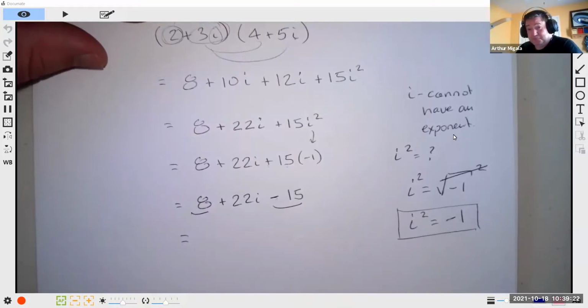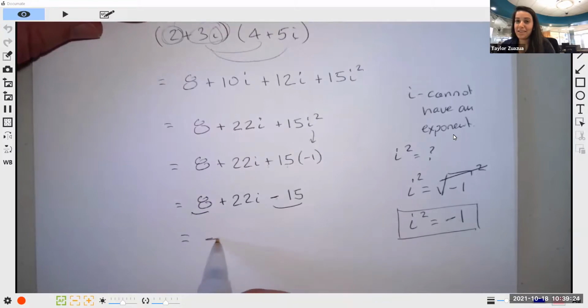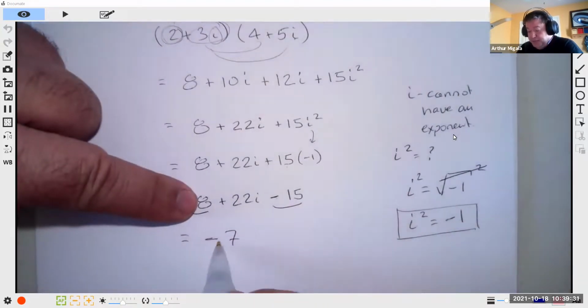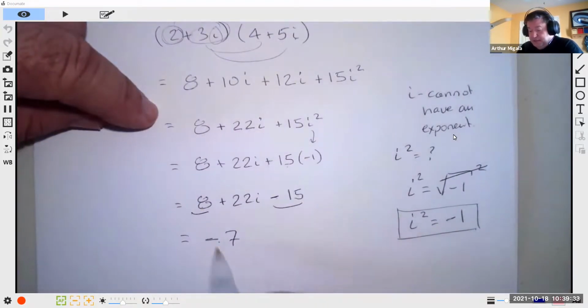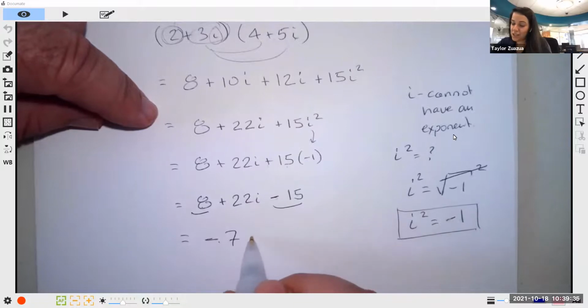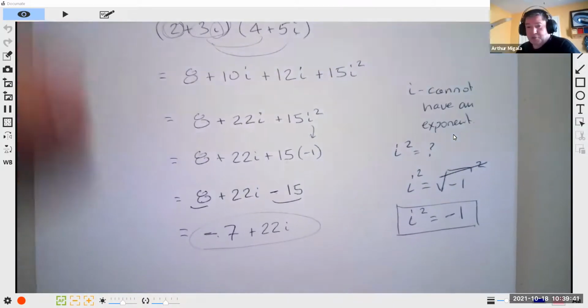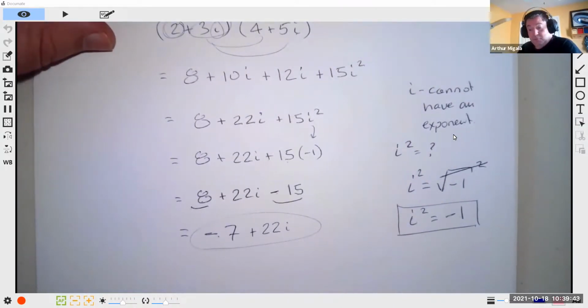It's going to be a negative 7, because 15 is bigger than 8. 15 minus 8 is 7. So it's negative 7 plus 22i. Now we're back to complex numbers. You're done. You just cannot have an I squared.